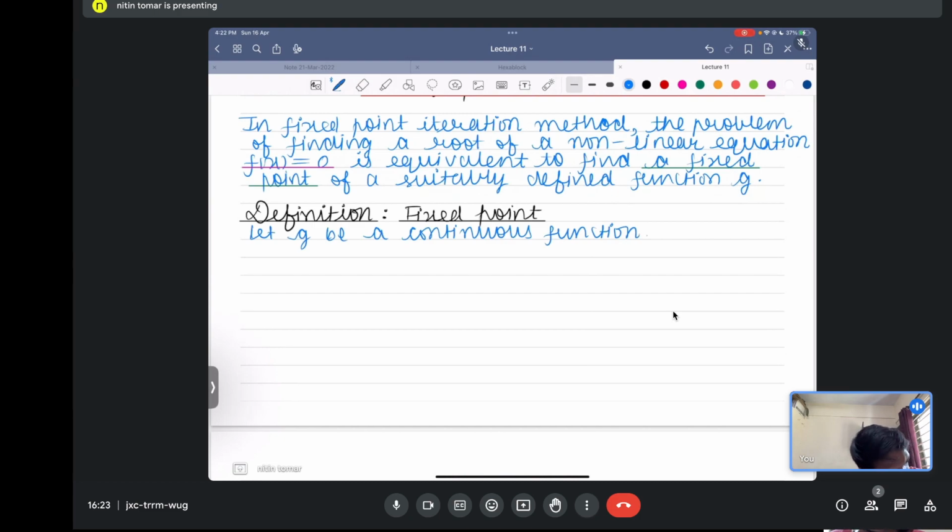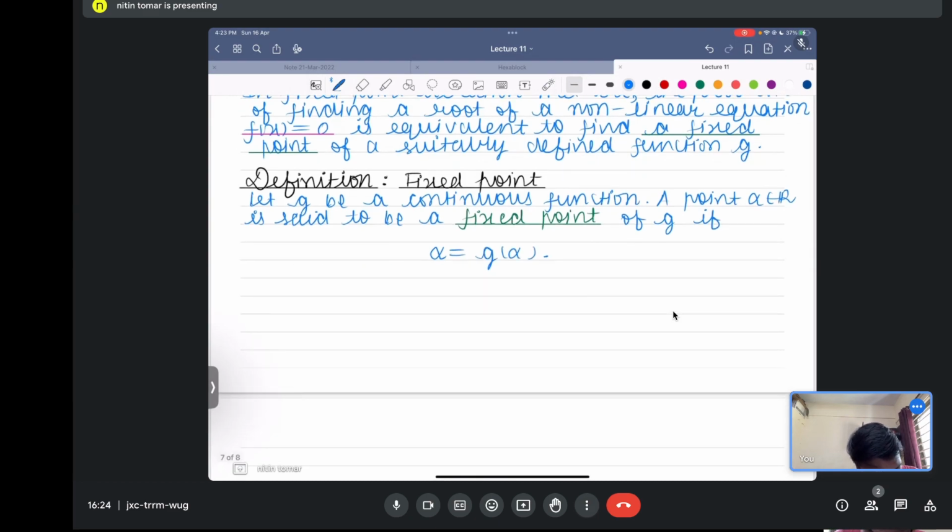A point alpha in R is said to be a fixed point of g if alpha is the same as g(alpha), okay.